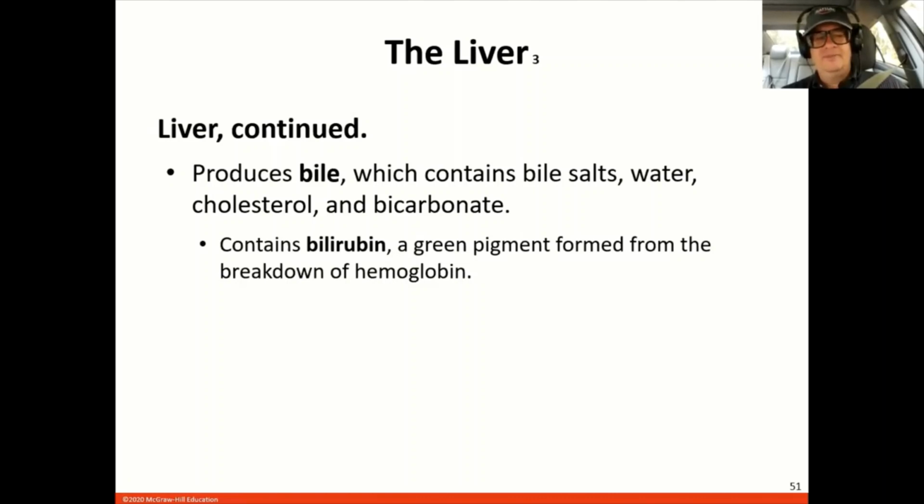So here's the deal. The green pigment that makes the bile green colored is actually a byproduct of the red hemoglobin.